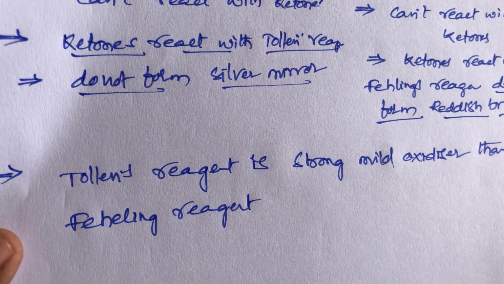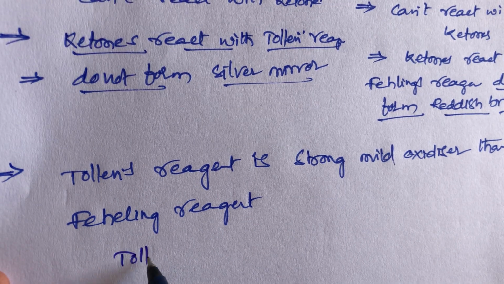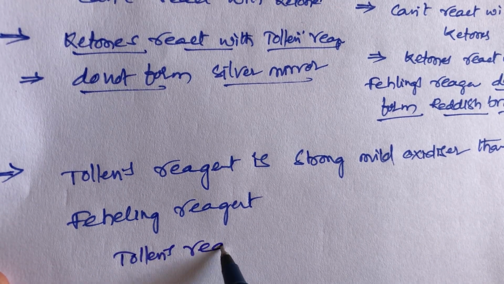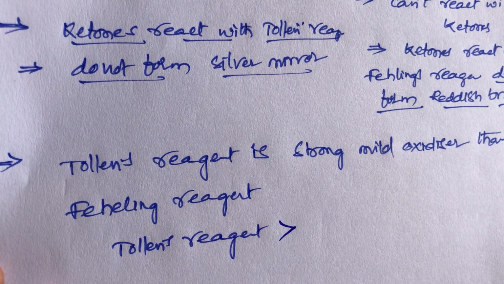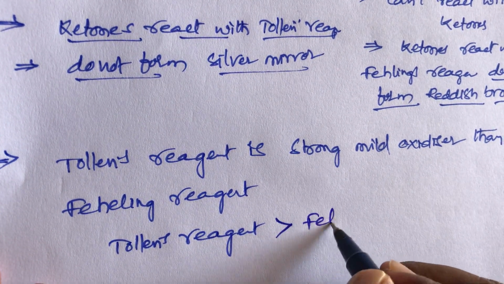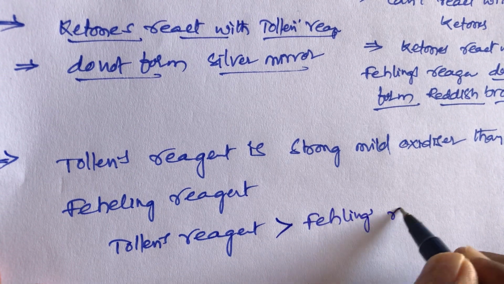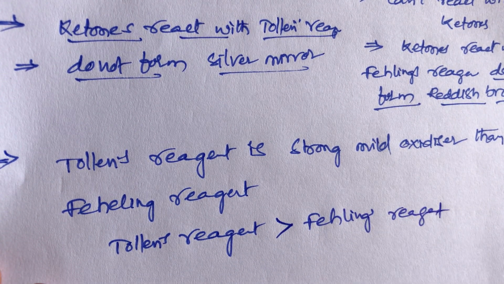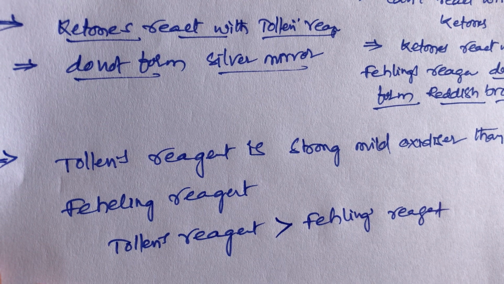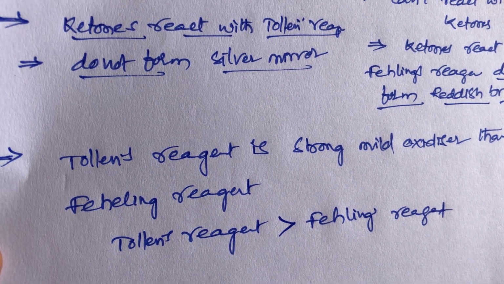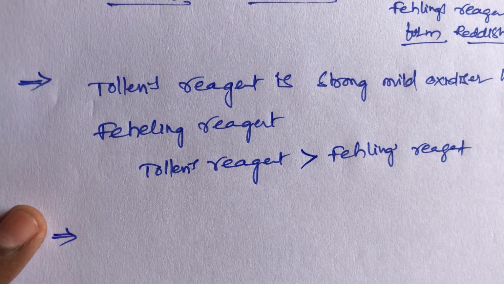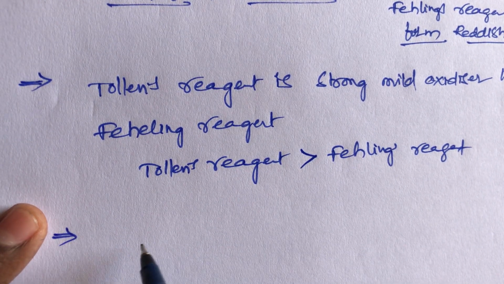Out of these two, which one is the stronger oxidizer? Tollens reagent is stronger than Fehling's reagent. This is the simple trick. What is the reason, students?